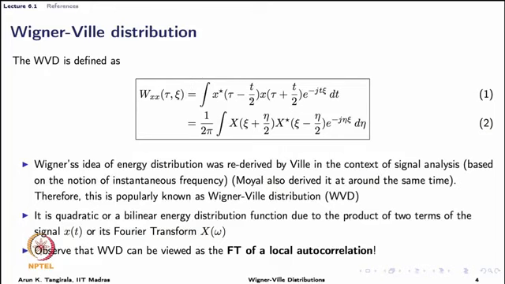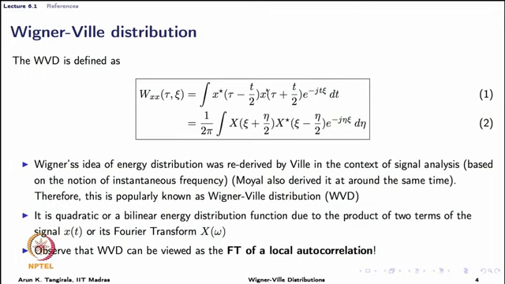Okay, so, that is the first thing, and secondly, that which is very important is that the Wigner-Ville distribution is a Fourier transform of a local autocovariance or autocorrelation. If you talk to a signal processing person, you would like to call this as autocorrelation. Strictly speaking, by our definition, this is actually a local autocovariance.